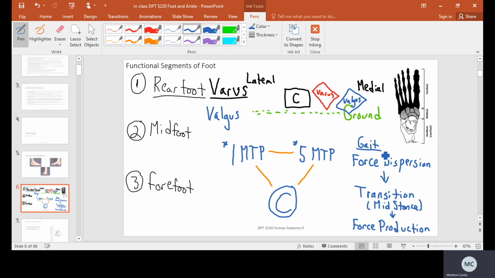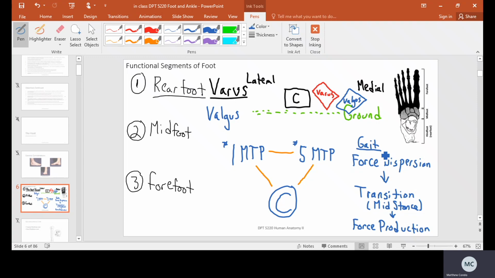Strictly from the rear foot perspective, when I strike my heel on the ground, I'm first going to go through a period of rear foot valgus to make my foot flexible. Then as I enter mid stance, I'm going to start performing rear foot varus.